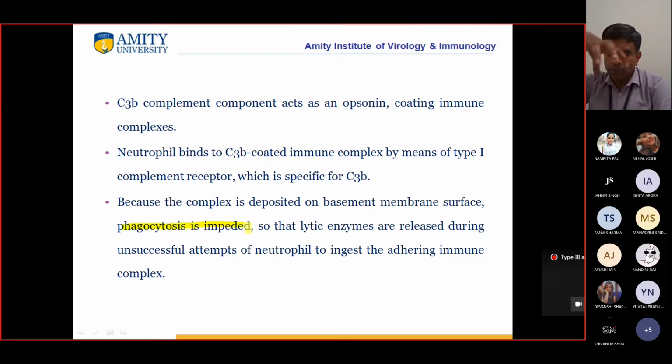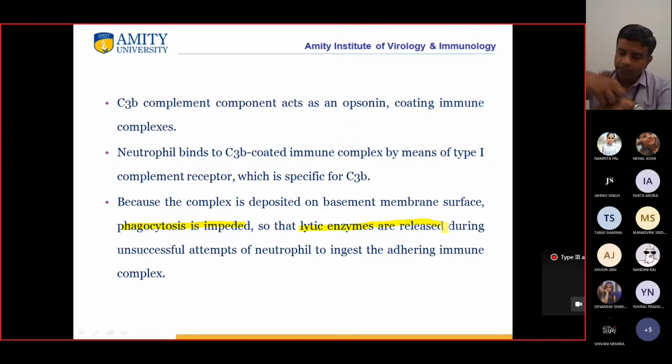Your complex is deposited in the basement membrane and some beneath it, so the neutrophil will not be able to phagocytize it. So lytic enzymes are released during unsuccessful attempts of the neutrophil to ingest the adhering immune complexes.